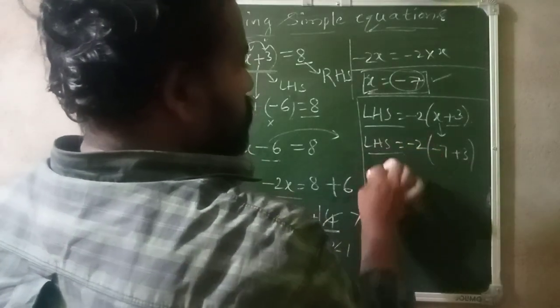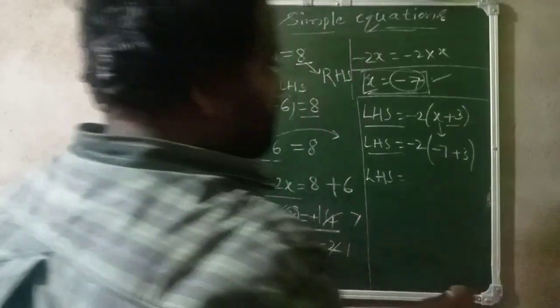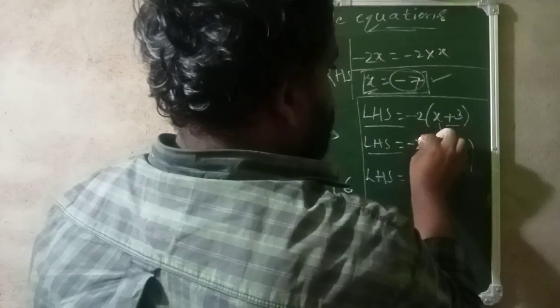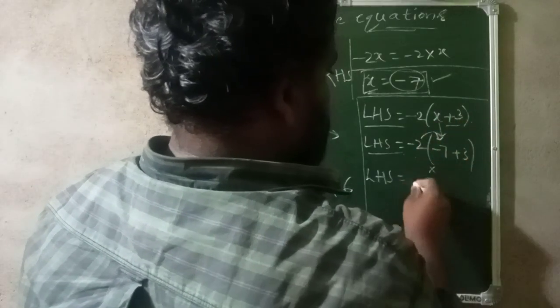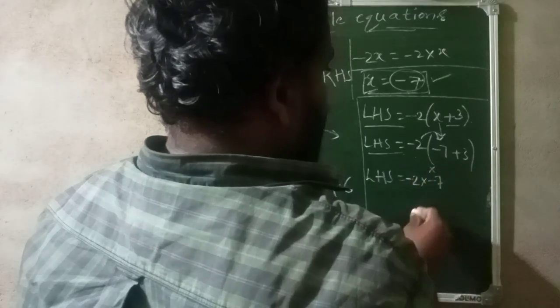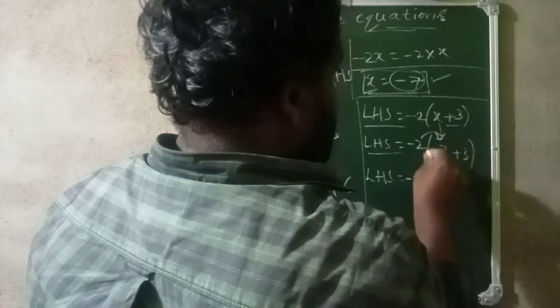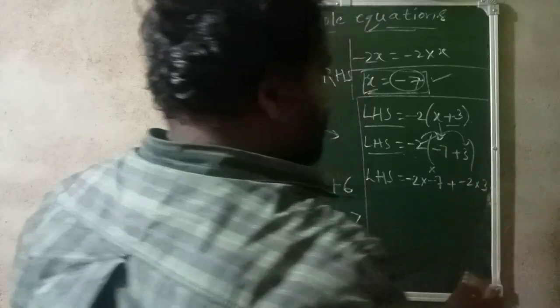Next step, LHS is equal to, now this bracket is like multiplication, so we have to multiply this minus 2 with this minus 7 first. So minus 2 into minus 7, plus. Next minus 2 should be multiplied with the 3. So minus 2 into 3.